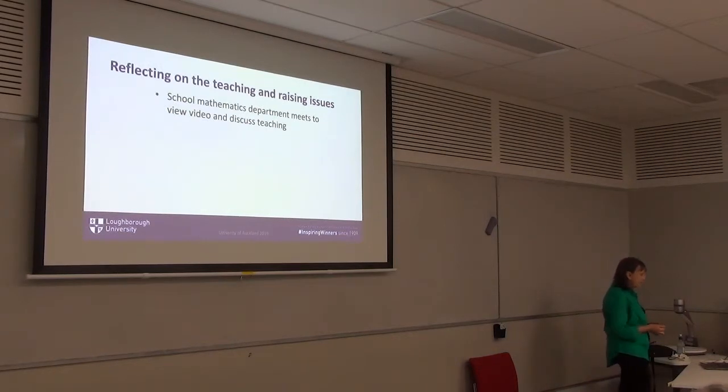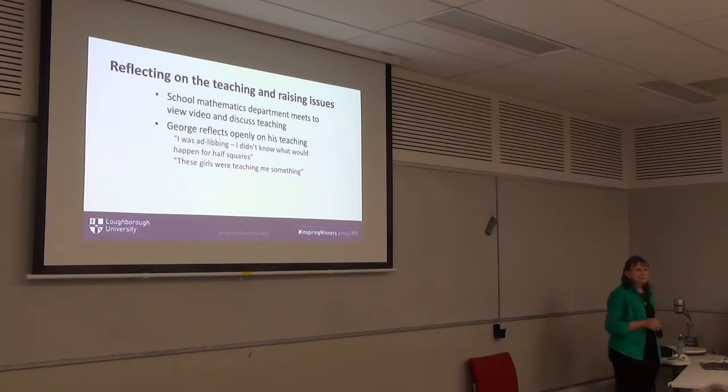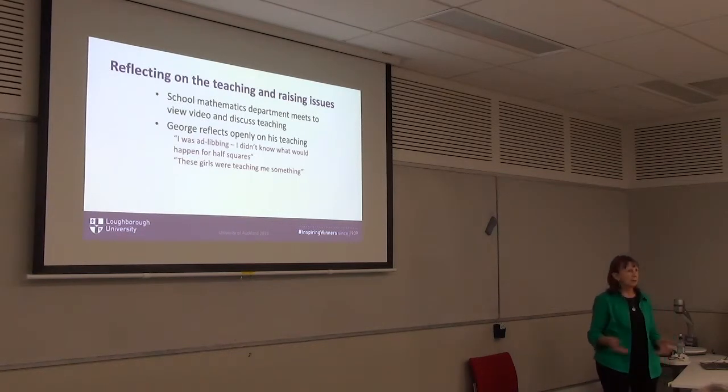So, thinking back to our two examples, the George lesson, after that lesson, the school mathematics department met to look at George's video. So they were together viewing the video and discussing teaching. And George himself reflected openly with his colleagues.